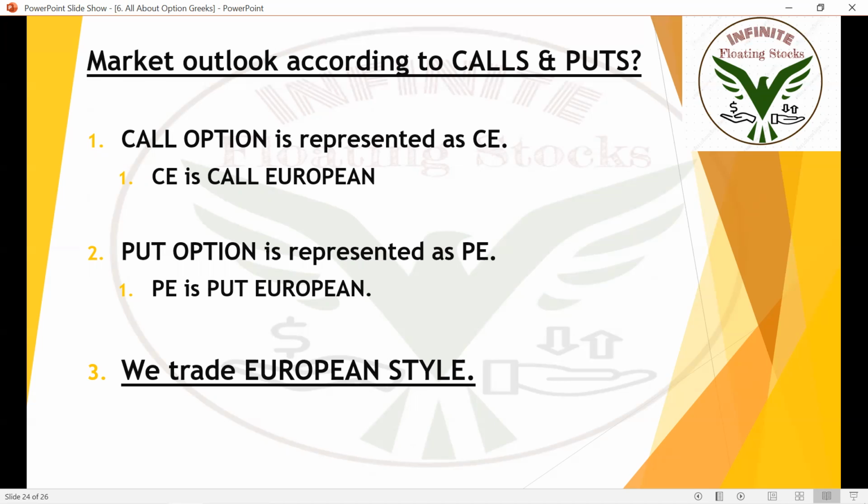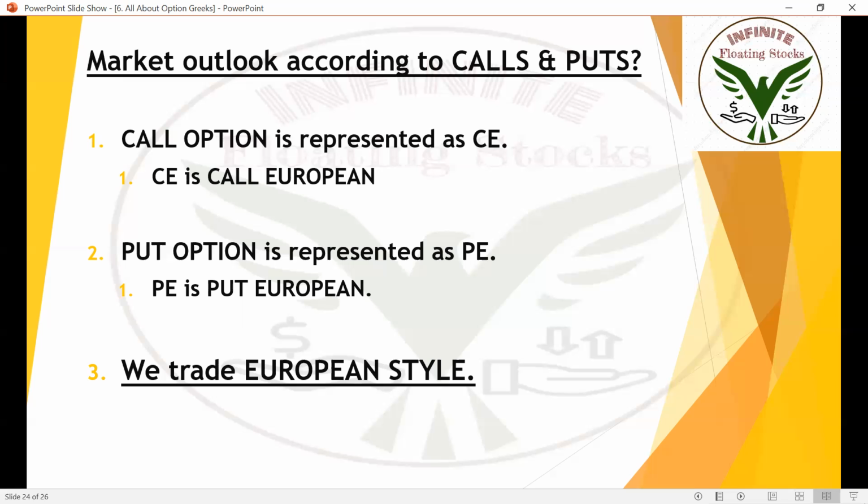I repeat, we are following European style, so a call option is represented as CE and a put option as PE. In European style, weekly expiry is Thursday and monthly expiry is the month's last Thursday. But when it comes to CA and PA, call American and put American, the expiries are a little different.